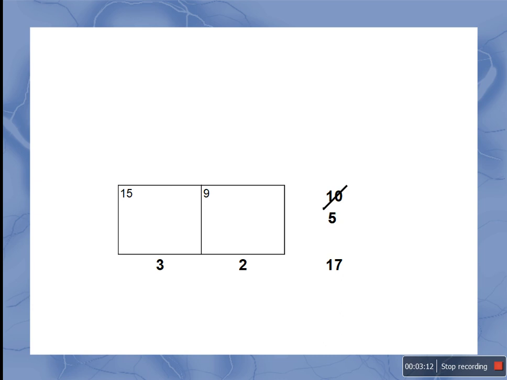From this table 9 is the minimum, so we allocate the minimum of supply and demand. Here 2 is the minimum, so we have allocated 2 units, and from 5 units we have allocated 2 units, so there is a balance of 3 units.